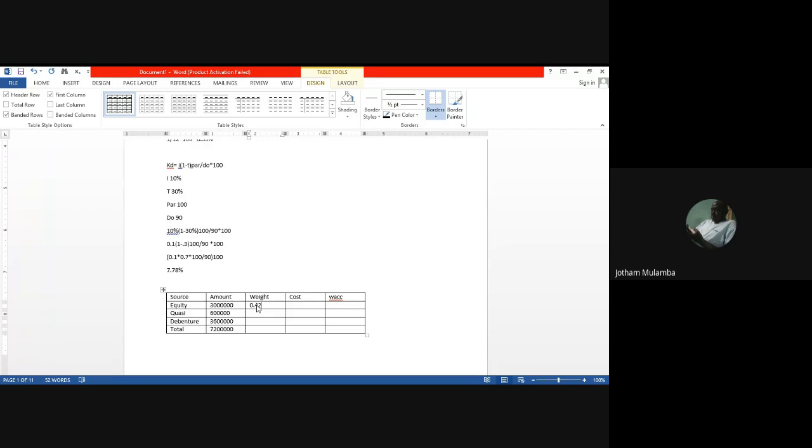Or does it end there? It will be 0.4167. Let's compute, and then I'll tell you why I recommend 4 decimal places.